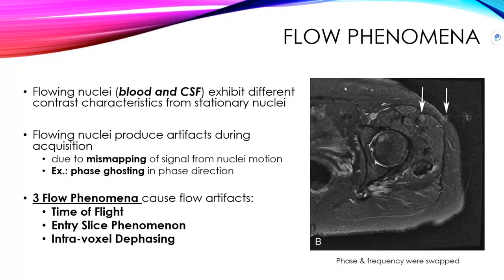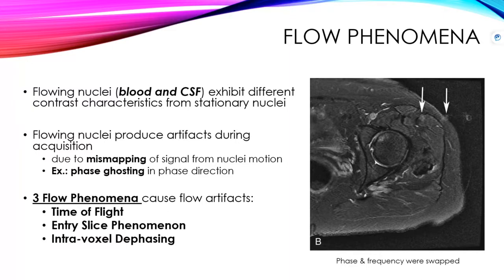So this is an axial view of the hip, and they're pointing arrows at these little ghosting looking circles that run across the width of the image. These are actually from either the femoral artery or possibly something in the pelvic region. I don't know exactly which one this is.